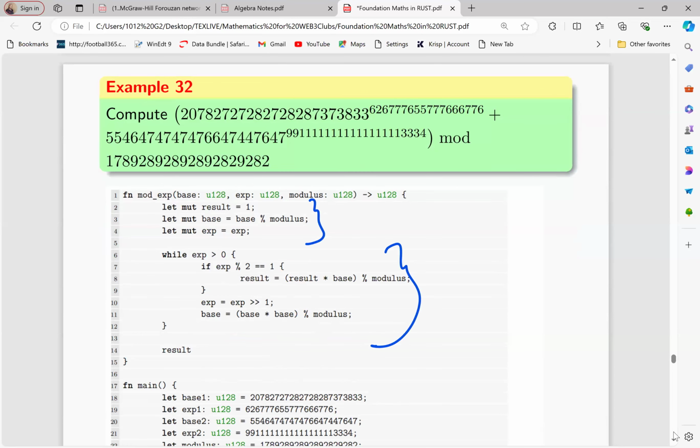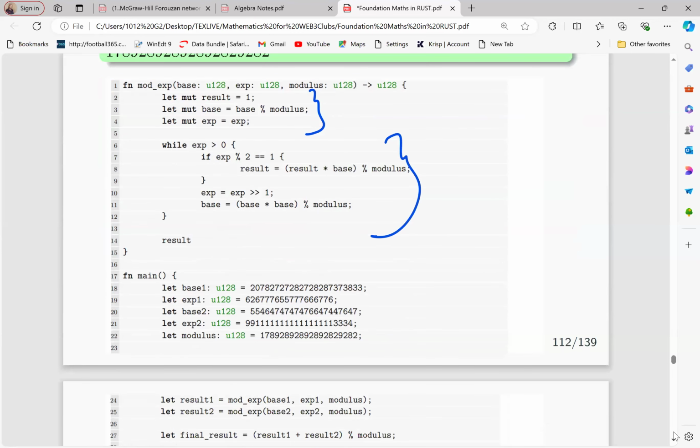The only thing that I've made some difference is that since I'm dealing with two numbers, a number raised to some power, let me say a raised to some power m, and I also have b raised to n, and I'm getting the sum of these two. I have to define this.